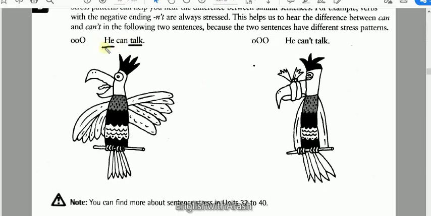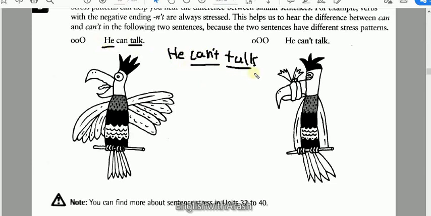Stress goes on the sides when your sentence is positive. Now, if I want to write the negative sentence, he can't talk, then stress goes on can. So in this negative sentence, here I said he can talk, here I say he can't talk.